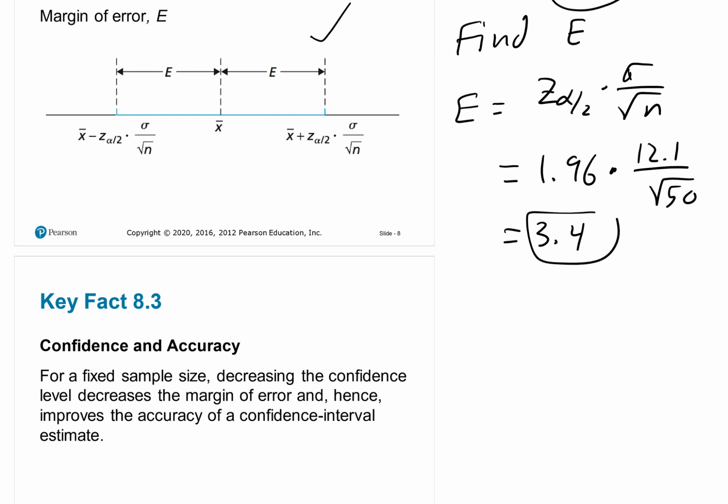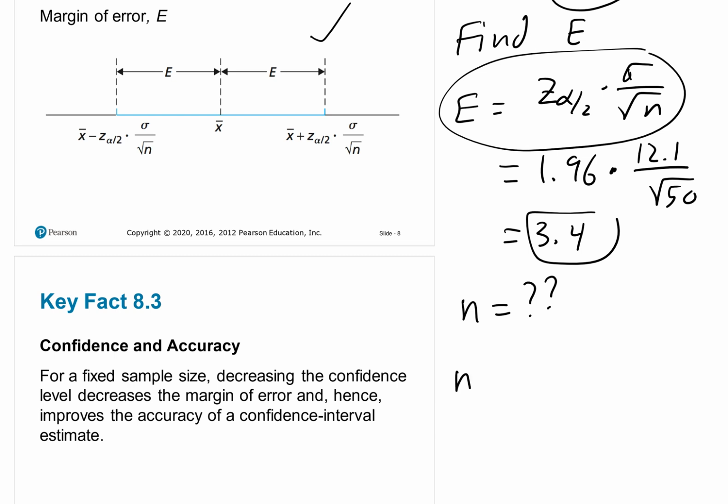Now, from all of this, is it possible to find n, the sample size, if some information is given to us? Yes, there is a way to do that. From that equation, we can solve for n. I'm not going to do it here, but you can cross multiply, divide, then square.